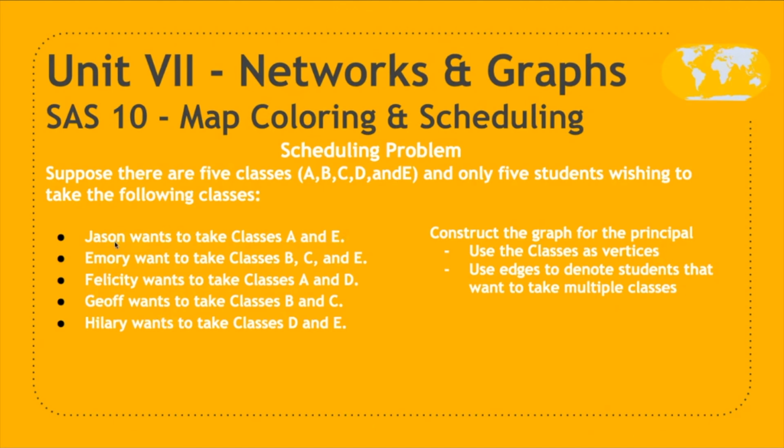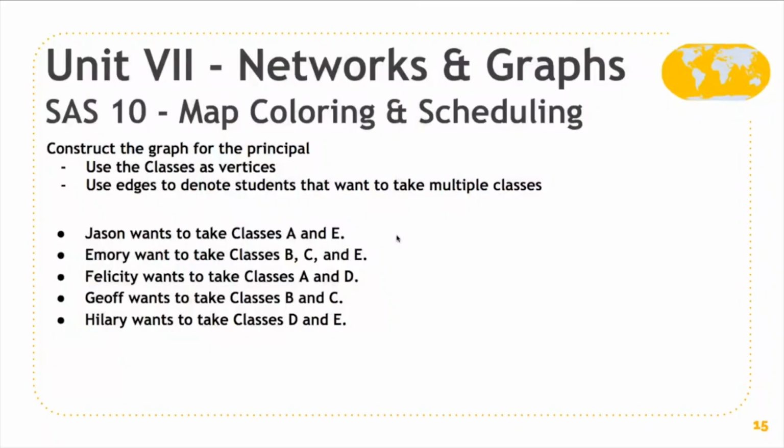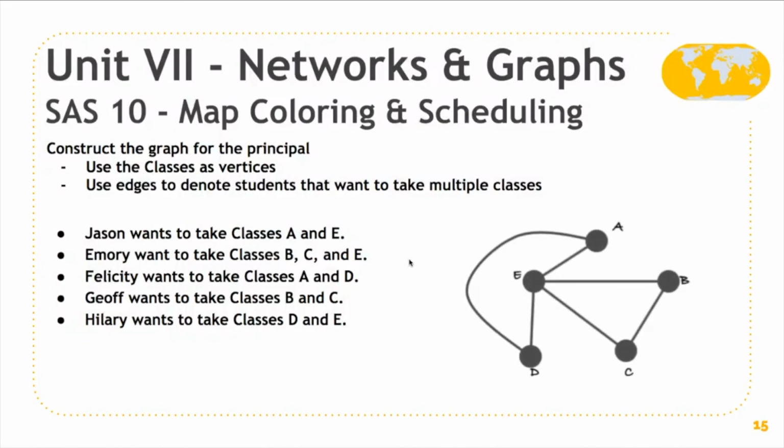So in other words, Jason wants to take classes A and E. There will be an edge between vertices A and E. Let's take a look and see how that works out. This does very much fit the bill. So A and E, Jason wants to take classes A and E. So this edge right here represents Jason's desire to take both of those classes.